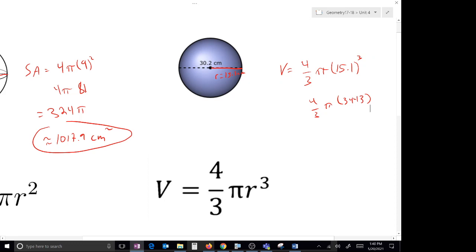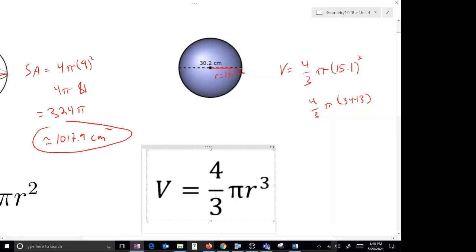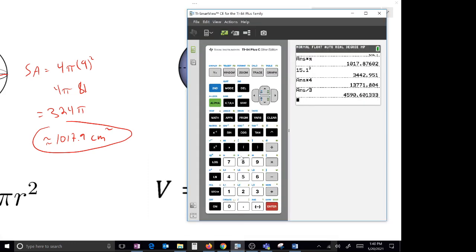And figure out the 4/3 part, so I'd multiply by 4 and then divide by 3, which gives us 4590.6 pi, which I'll then multiply out.